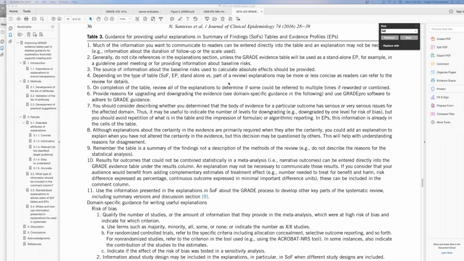It may be a problem that there's only one study, but that body of evidence would likely receive a low certainty rating on the basis of other factors. So for instance, if you have only one study, we went through a few scenarios, it is very possible, even likely, that there will be issues with regards to imprecision.